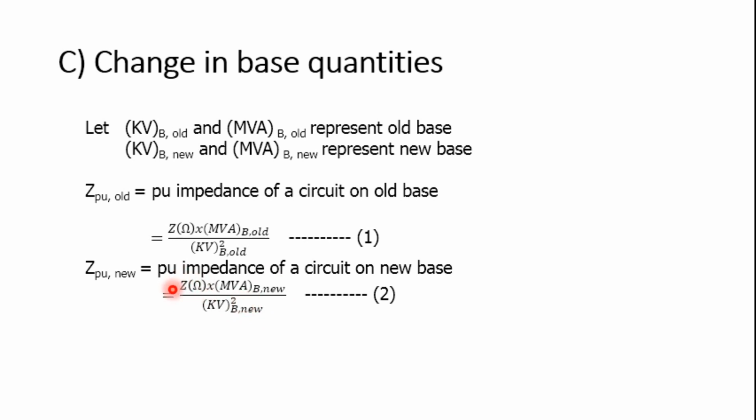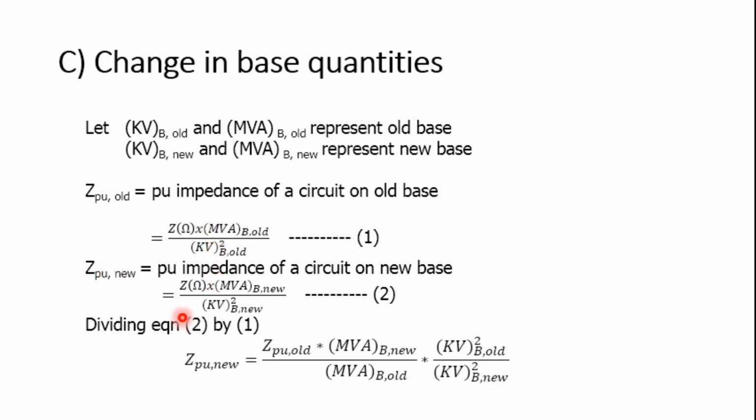Understand? The impedance value in ohm is the same. Equation 1 is subjected to the old value, and equation 2 is subjected to the new value. So we do equation 2 divided by equation 1, on both the left hand side and the right hand side. What I will get is: Z per unit new is equal to Z per unit old into MVA new divided by MVA old into kV base square old divided by kV base square new.